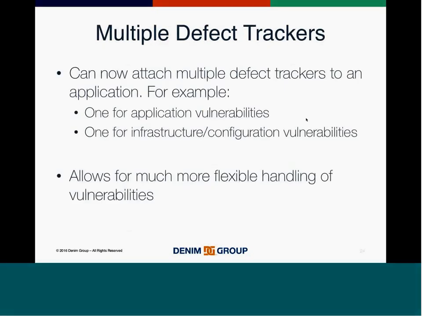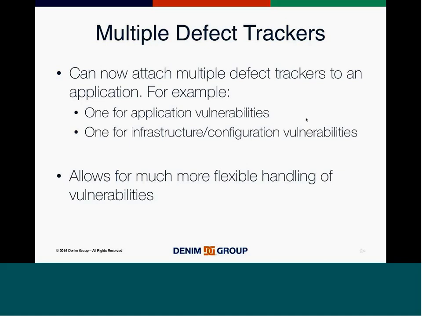We also now allow you to attach multiple defect trackers. We've always been very flexible in the way that we let you lay out the various defect trackers that exist in your organization and how each project is connected to those different defect trackers. But one of the things that we found is organizations in certain cases had multiple defect trackers or multiple tracking systems associated with vulnerabilities found in specific applications.